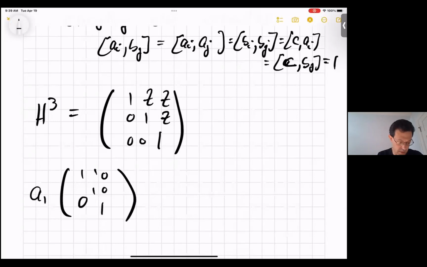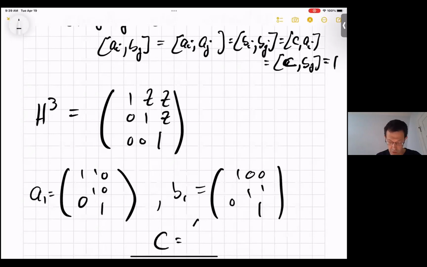Let's say A1, and then B1 is the remainder, and then C, which indeed commutes with everything, is the last matrix. Okay, and so there's a little exercise to prove that this is the same group. The fact that the matrices satisfy these commutator relations is easy enough to show, and that completely characterizes the matrices. It's a nice exercise.